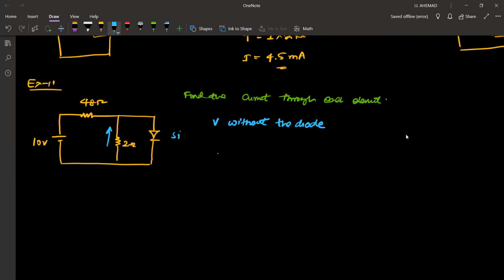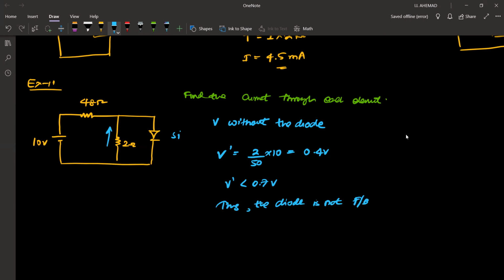So that is going to be V dash is equal to 2 over 50 into 10. If you simplify, you get 0.4. But we know that 0.4 V dash is less than 0.7. Thus, the diode is not forward biased.